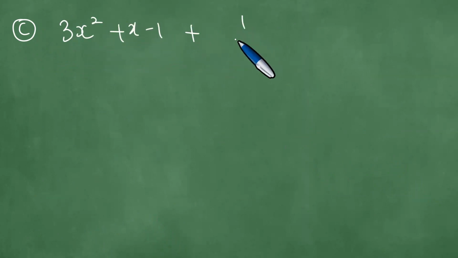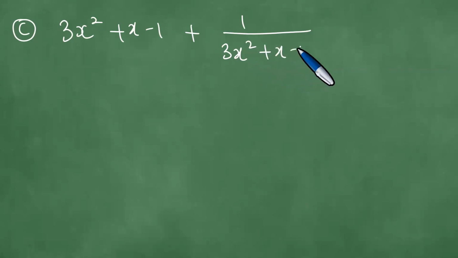Right, so part C is 3x squared plus x minus 1 plus 1 over 3x squared plus x minus 3 equals 0. And what is this?